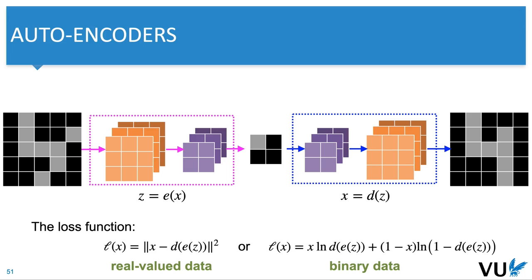Or if we have binary data, we can use the so-called binary cross-entropy loss, and then of course the decoder outputs something that is close to probabilities. In both cases, take a look that we first encode. So we have this e of x, on the left and on the right it should be e of x. Sorry, there is a mistake. And then it decodes back. So it is a composition of encoder and decoder.